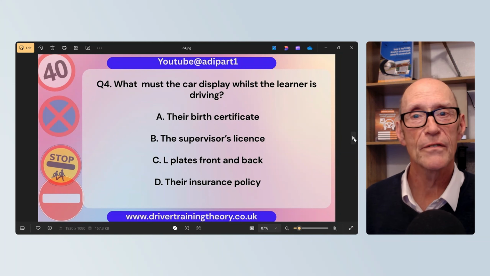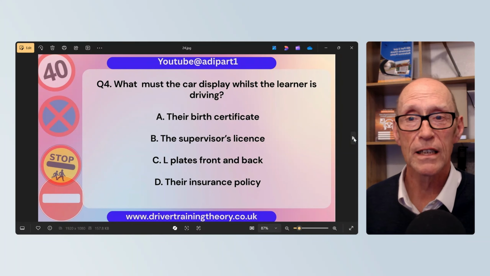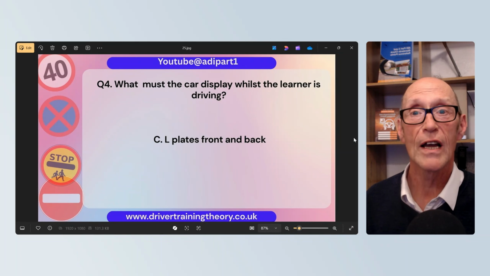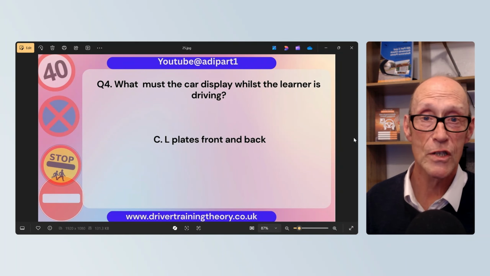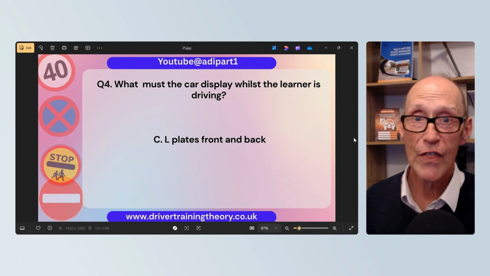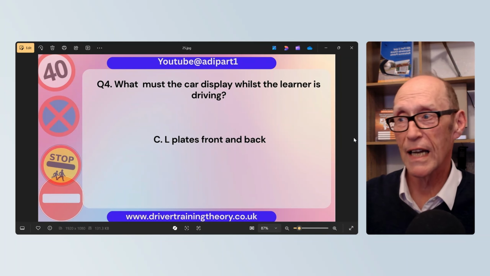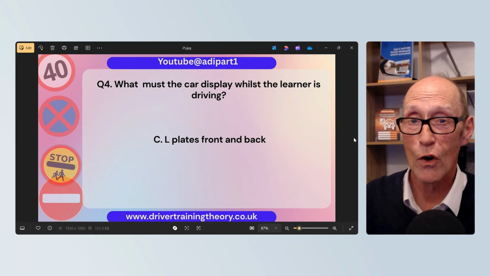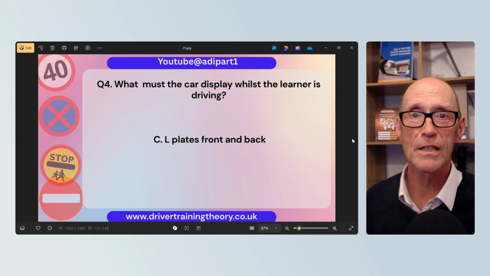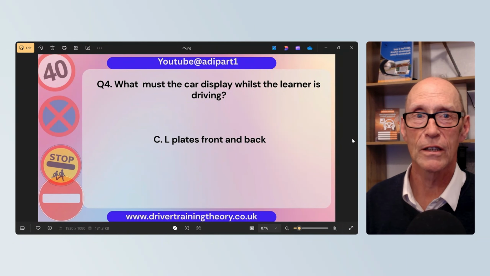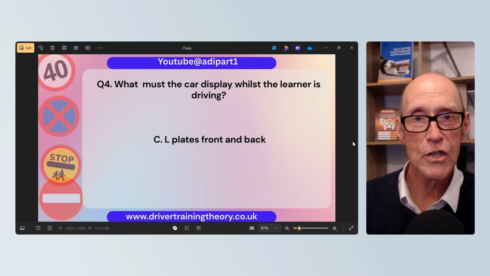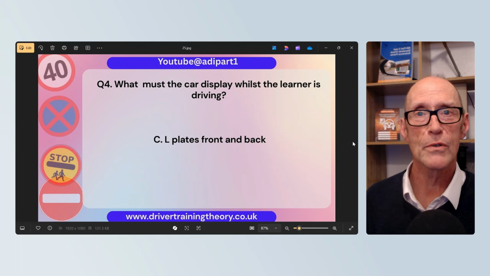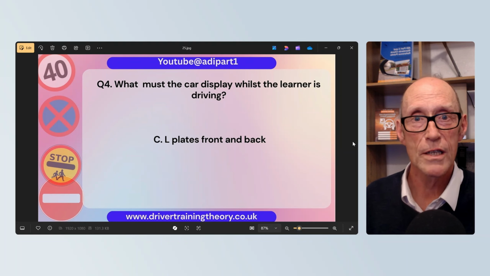Well, the answer for that is any learner needs to have L plates front and back. And then when mom, dad, or whoever the supervising driver is goes to drive, those L plates need to be taken off. So that's just 2 quick scenarios of what a case study is.